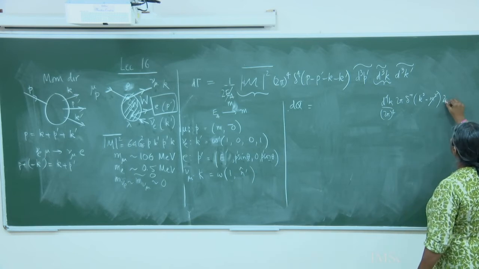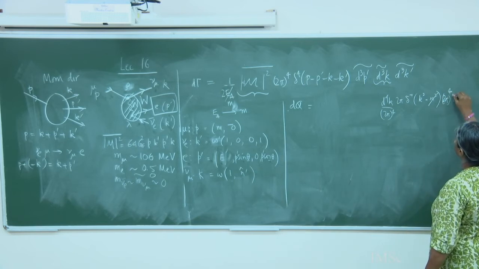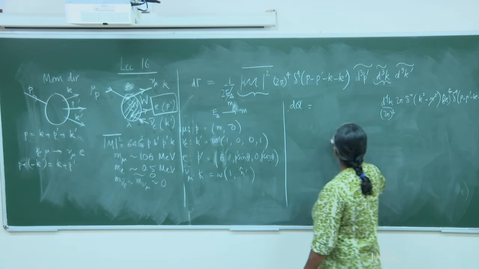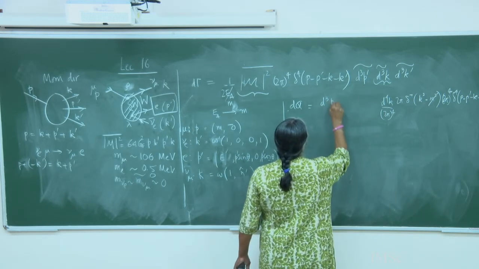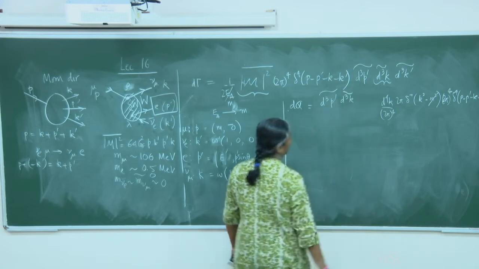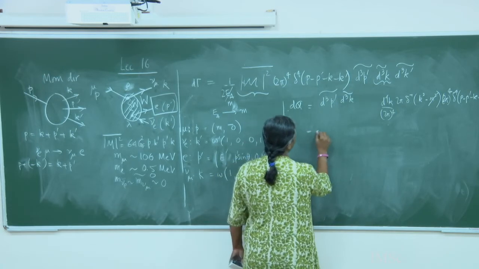Then I have 2 pi, can you still see this board? delta 4 of P minus p prime minus k prime. And of course I am going to just put d cubed p prime and d cubed k prime sitting over here. So what will that give me?